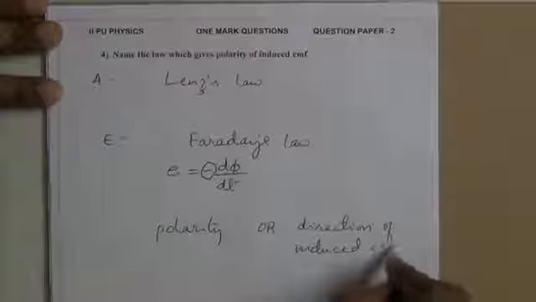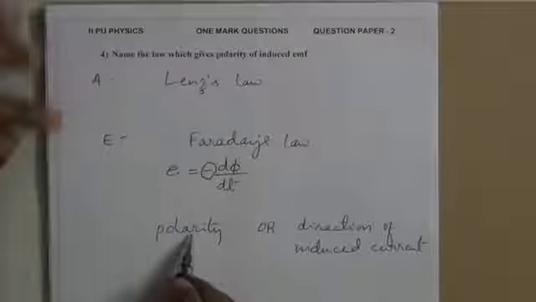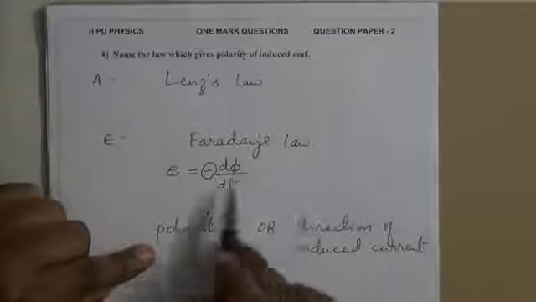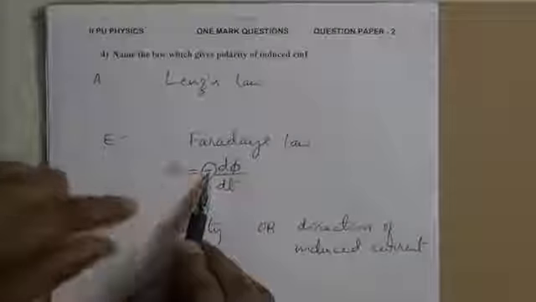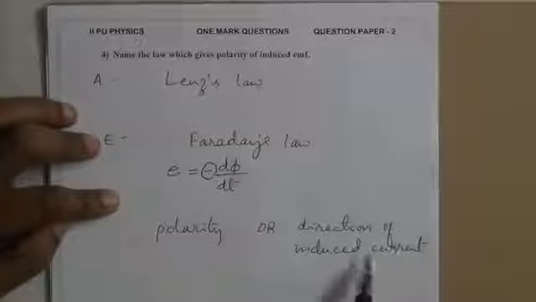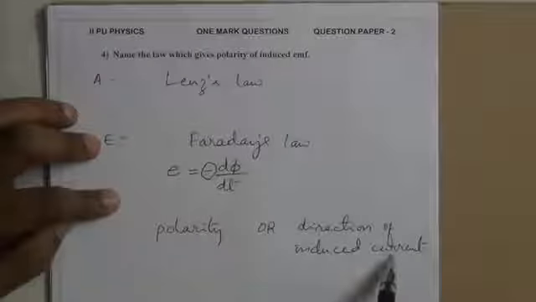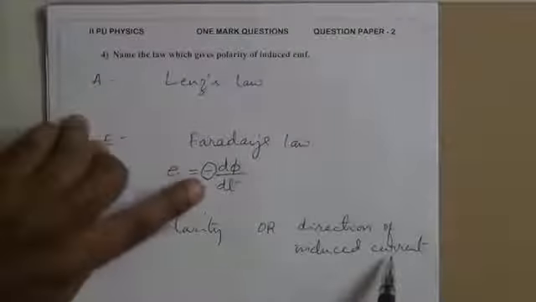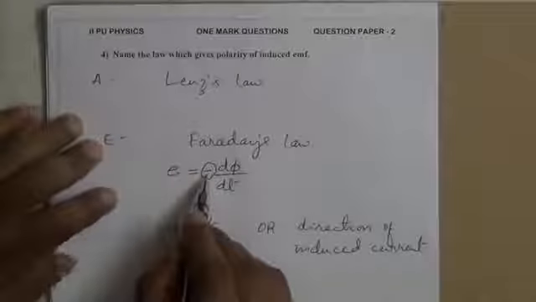If it is induced EMF, use polarity. If it is induced current, direction. So this negative sign says that the polarity of induced EMF or the direction of induced current always opposes the cause for the induced EMF. That is Lenz's law. So this gives polarity.